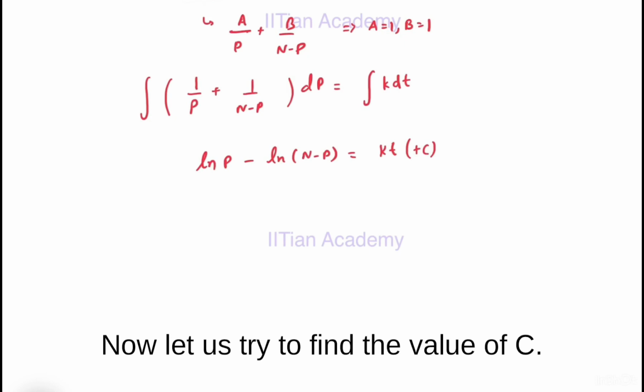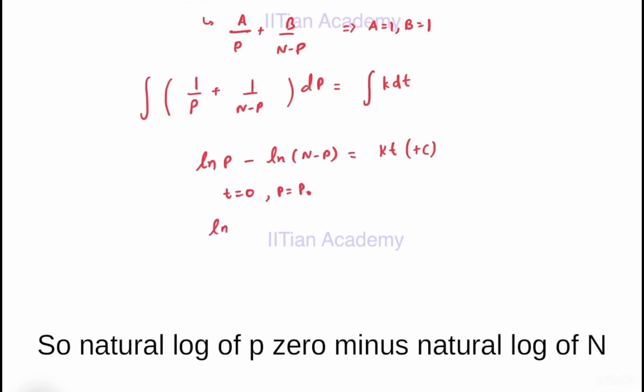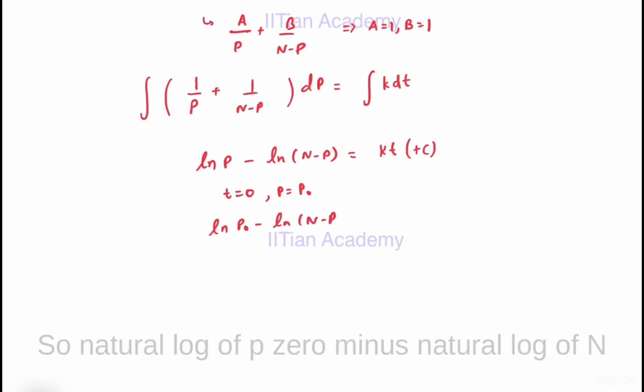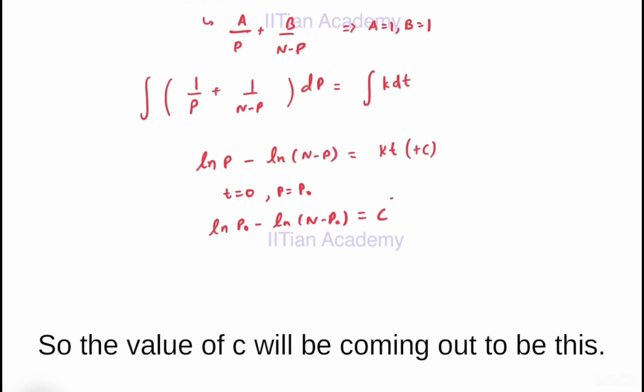Now let us try to find the value of c. We know at t equals 0, p is equal to p naught. So natural log of p naught minus natural log of n minus p naught equals c, at t equals 0. So the value of c will come out to be this.